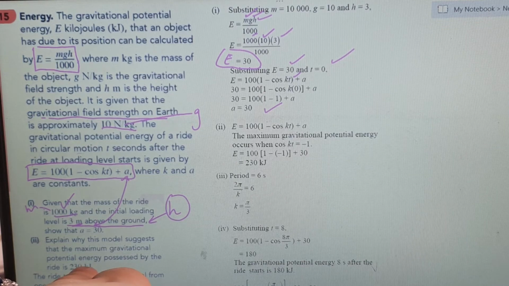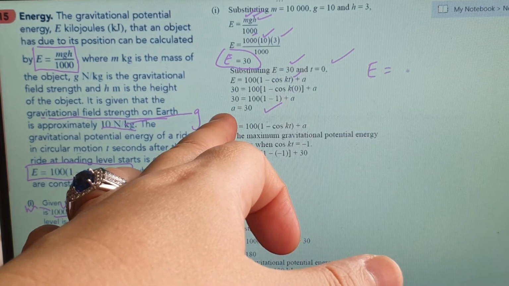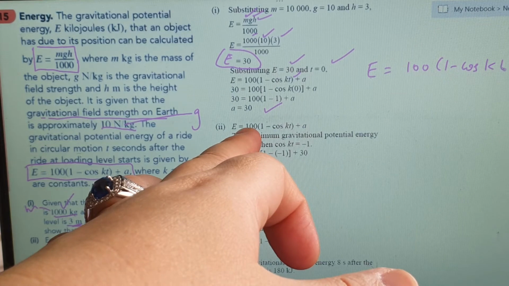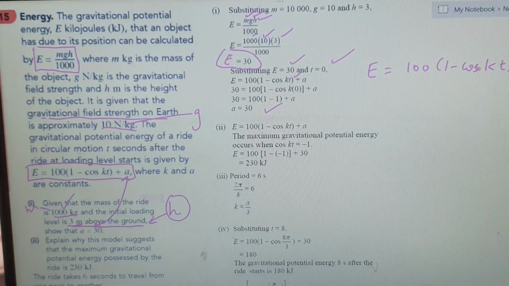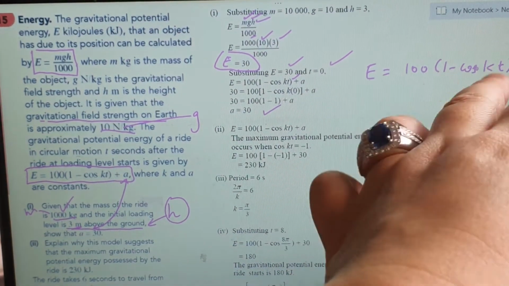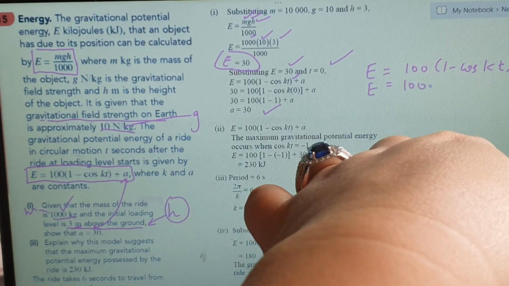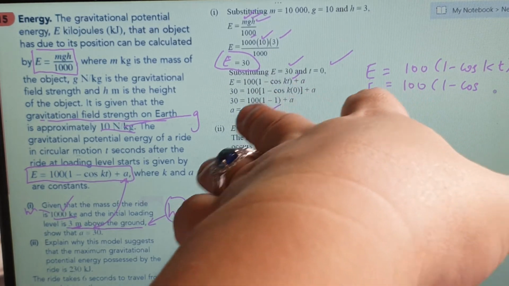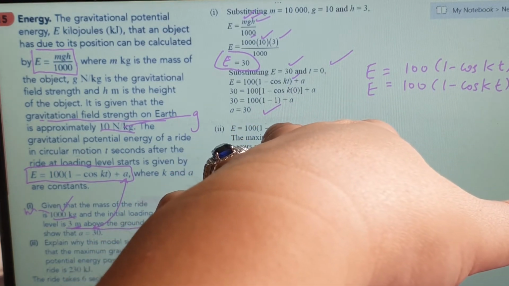Okay? Now explain why this model suggests that the maximum gravitational potential energy possessed by the ride is 230. Okay? So you look at the equation. E equals 100, okay, so when will you have maximum E? Okay, I plug in all the values first. 100, 1 minus cos kt. K we don't know. Okay, kt. The A we know already, right? Plus 30.